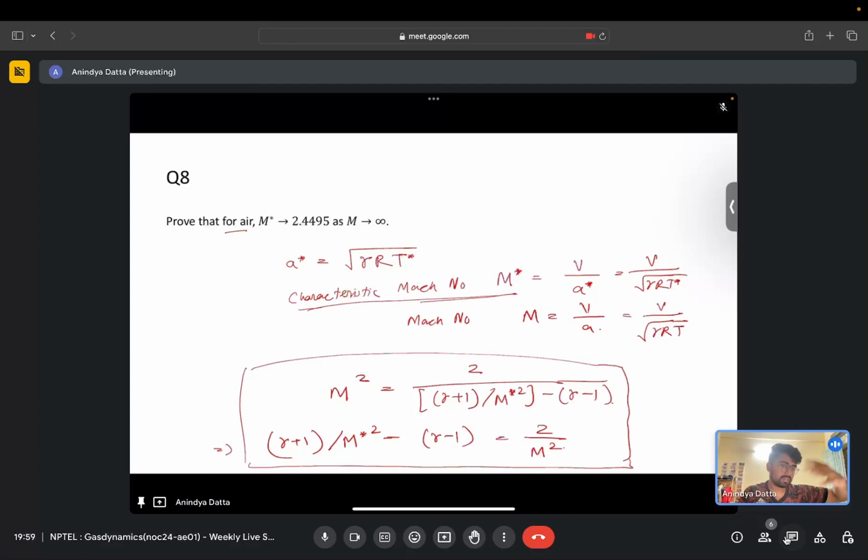From that you have seen how, taking the reference quantity on the right hand side as the star state, or as the stagnation state, we can arrive at different alternative forms of energy equations.